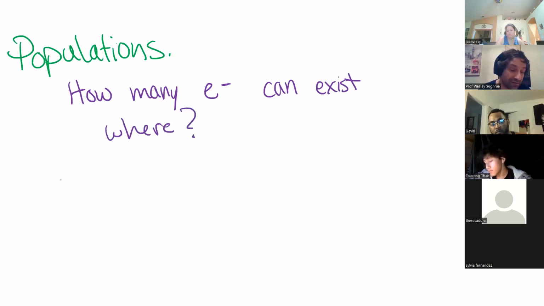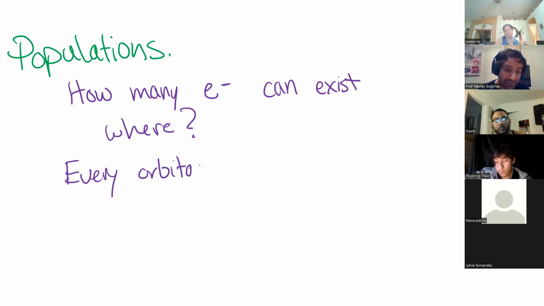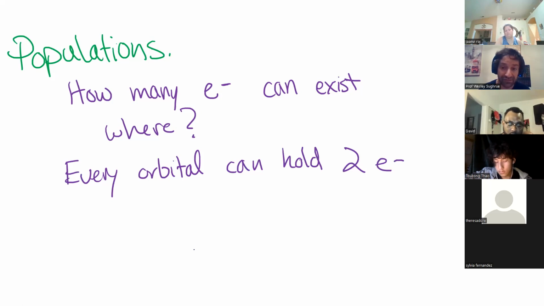Okay. So every orbital can hold 2 electrons. Keep that in mind.